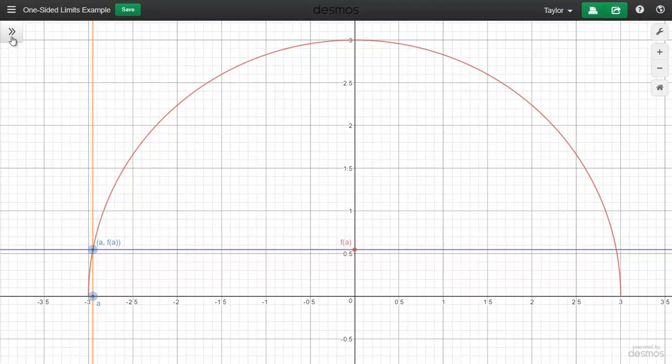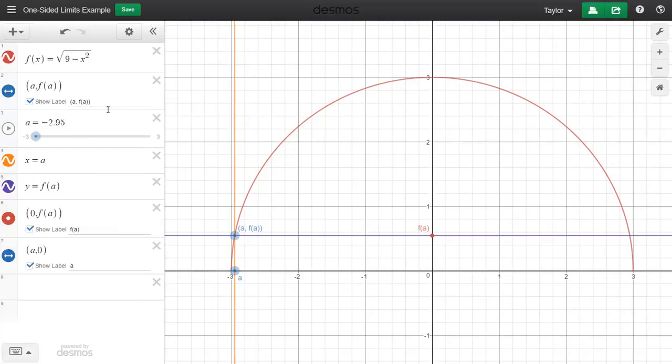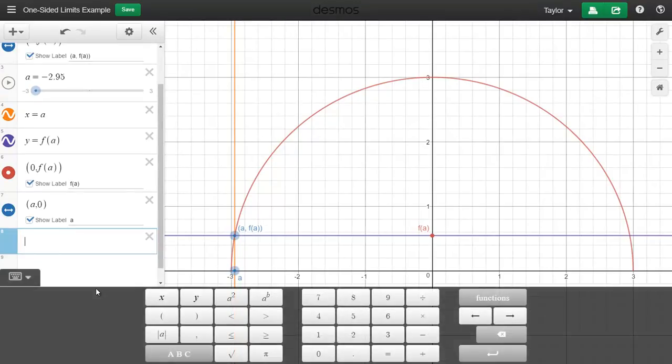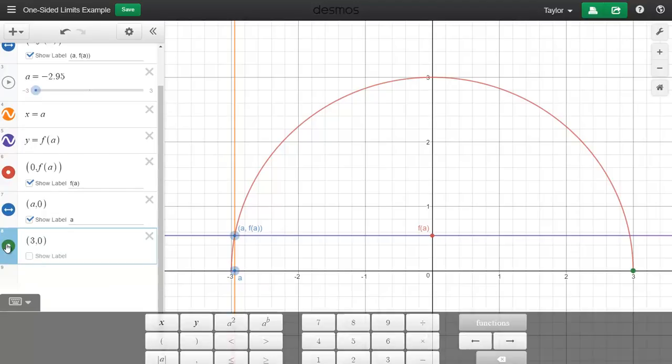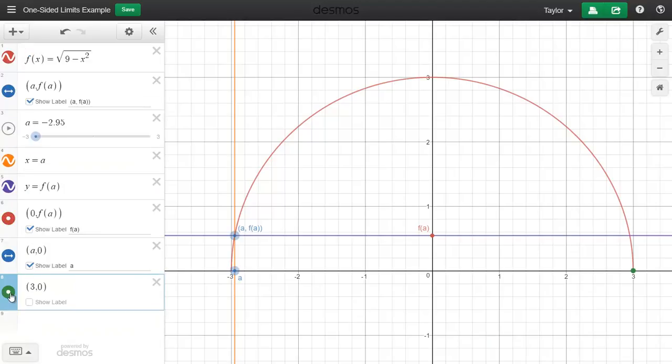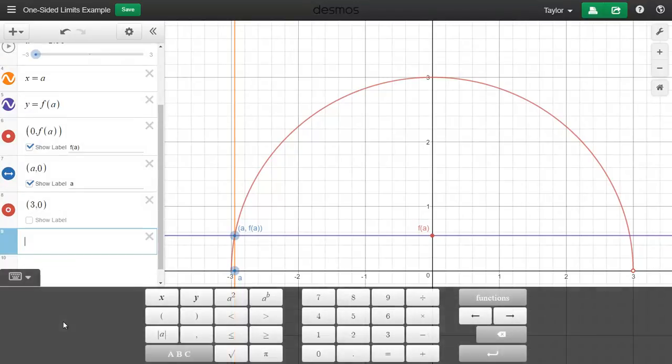Now, how could I break this? How could I break this? I could break this by simply doing this. Let's say 3, 0 is, let's first all make it red. Let's make it open. So let's say f of 3 is not 0.